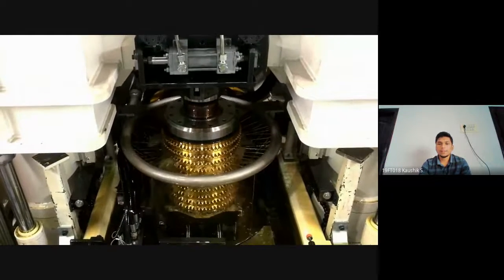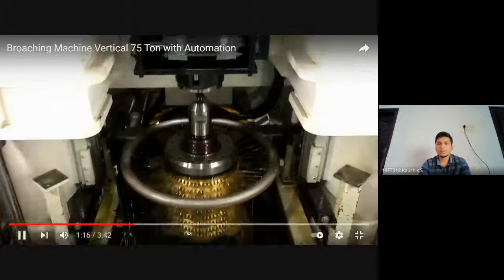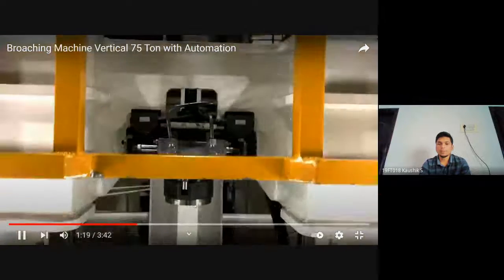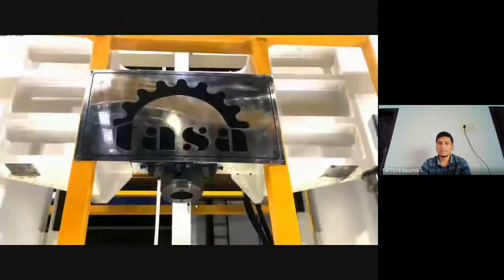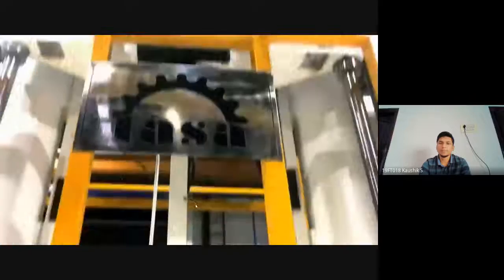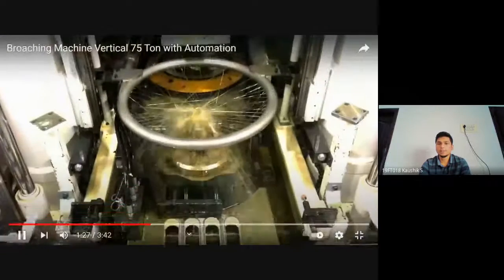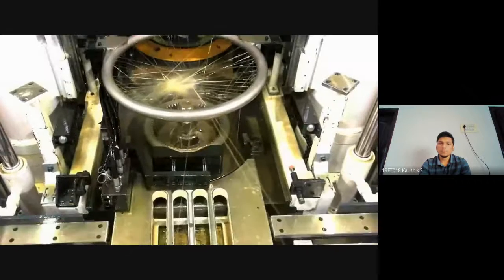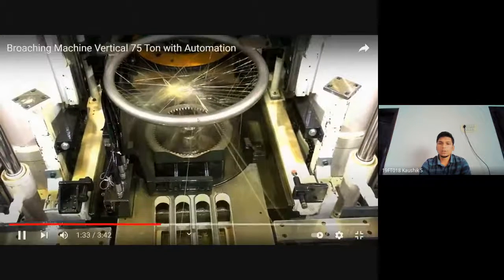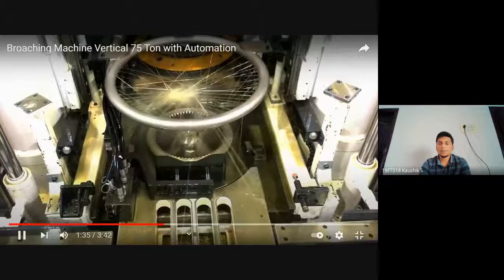Once the complete tool, with each and every tooth of this broaching tool, has machined the workpiece, it is allowed to go down. Once it moves down, the workpiece is removed.